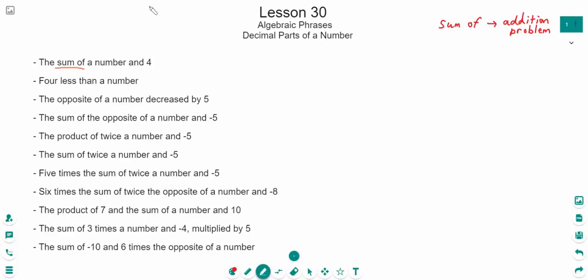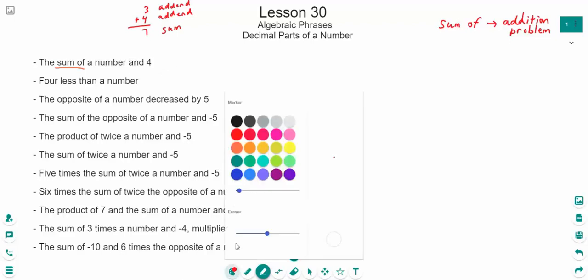Remember, going way back, if I have 3 plus 4, this top number is called the addend, the next number is called another addend, and then the answer to the problem is called the sum. So when we talk about the sum of something, we need to recognize that we're talking about two things being added together.